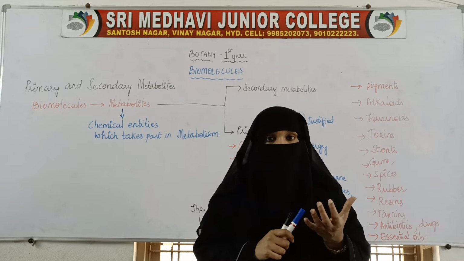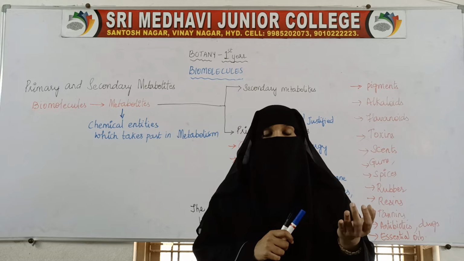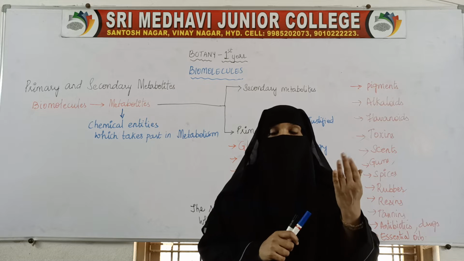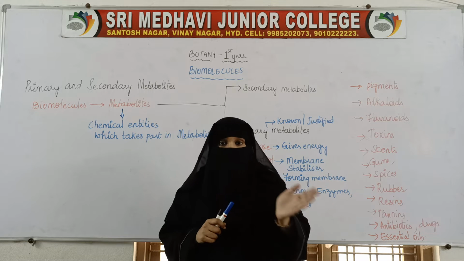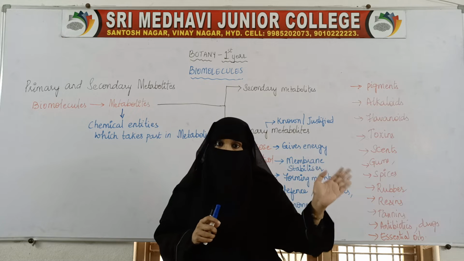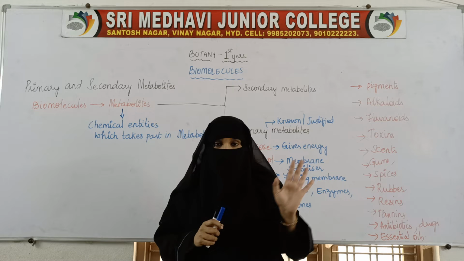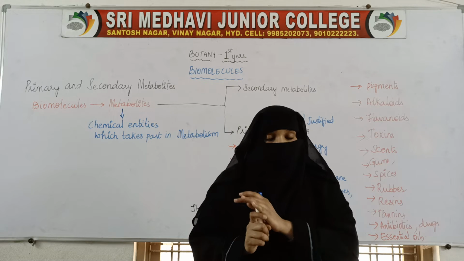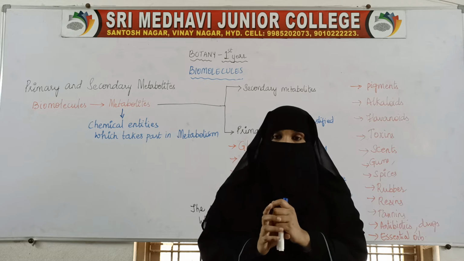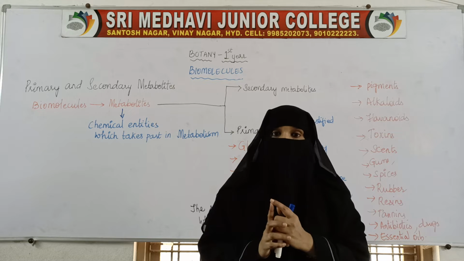The 4 nitrogenous bases are adenine, guanine, cytosine and uracil. Remember these things, because in the next year we'll be having one very big lesson where we have to remember these ones.